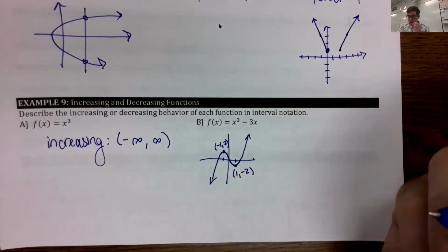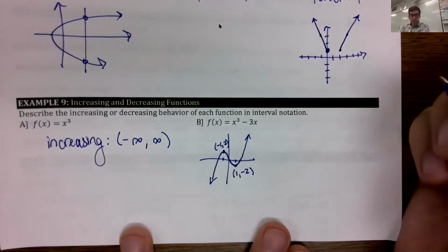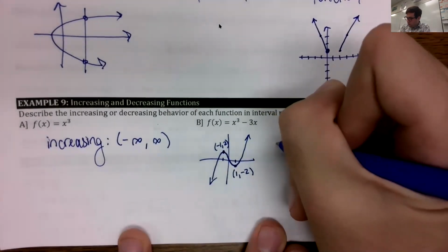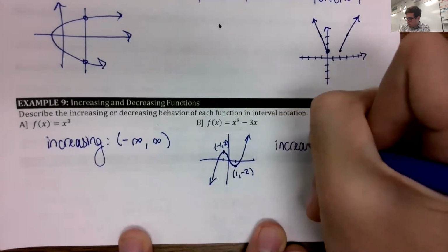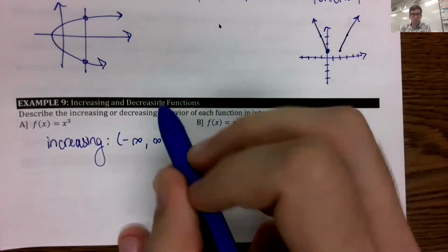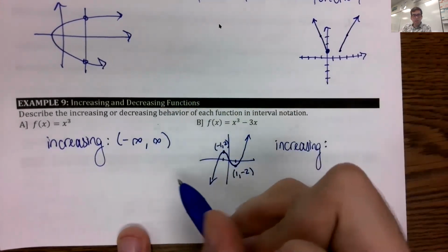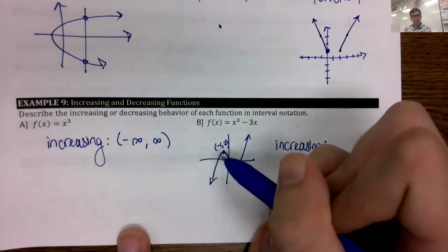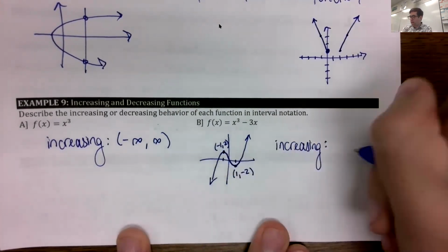All right? So for the increasing, decreasing situation, we only really care about the x values, right? We're talking about the domain. So it's increasing from negative infinity until an x value of -1.